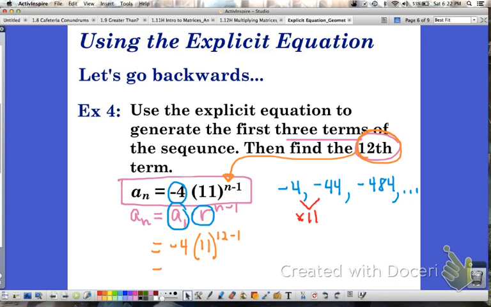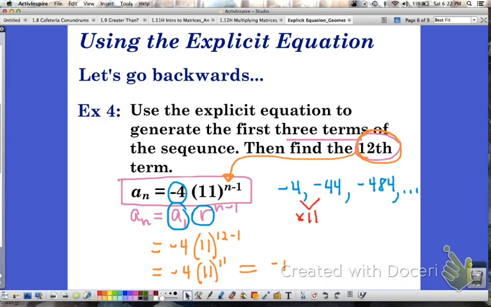So in my calculator now, I'm going to say 11 raised to the 11th power, and then after that, I'm going to multiply it by a negative 4. So 11 raised to the 11th power multiplied by a negative 4 gives me a rather small number again.